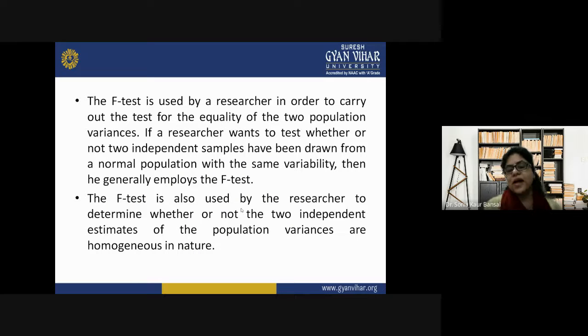Now students, understand further about the F-test. The F-test is used by a researcher to carry out the test for the equality of two population variances. It means you have two different populations and you have the variances of them. Variances are squares of standard deviation.